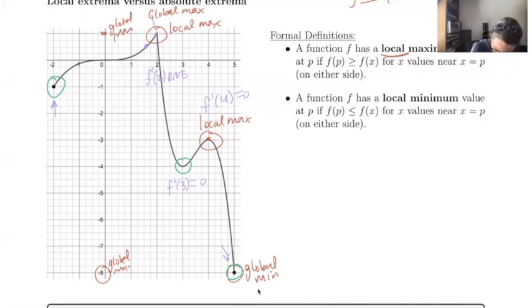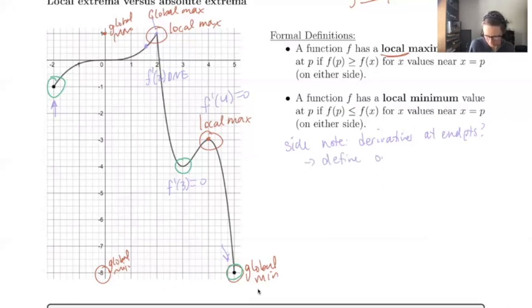So side note, you could define a one-sided derivative if you wanted to. Some textbooks do, we are not.